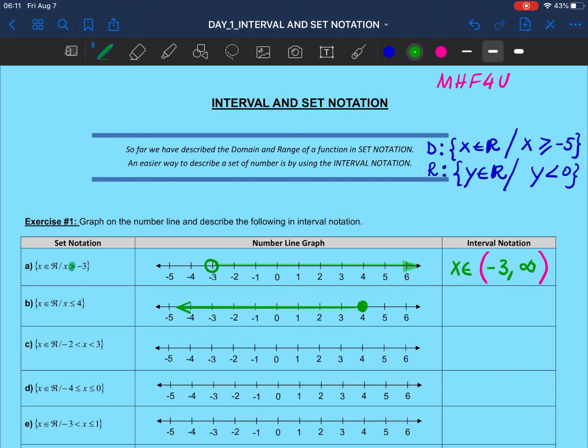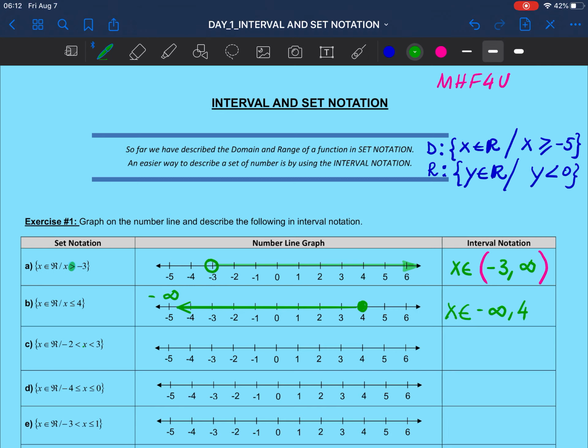And when it comes to interval notation now, we're going to say that we have x belongs to, you start with the left end of this line or set of numbers, which is negative infinity, and you end it with the right end of the set described on the number line here, which is 4.